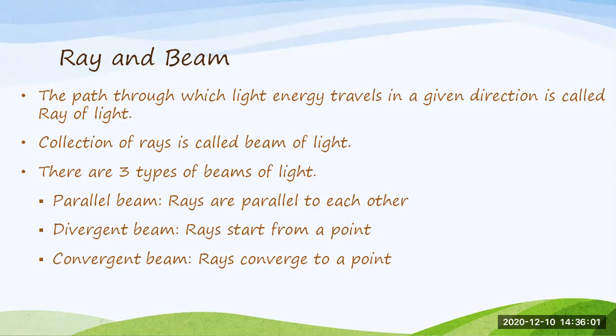Then if rays start from a point and keep going in any random directions, they are called divergent beam of light. And if they come to a point from many directions, they are called convergent beam of light.